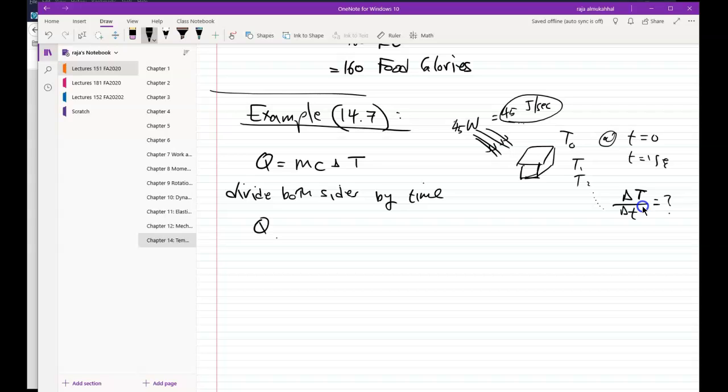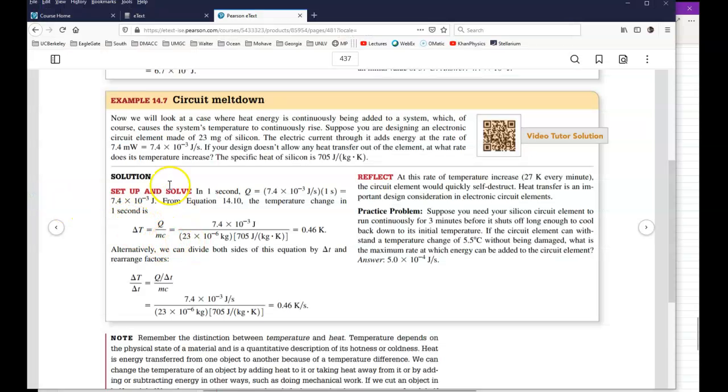So I have Q over delta t equals mc delta T over delta t. So what is Q over delta t? Unit-wise, it's joule per second, and that's exactly what he gave me. He said the electric current through it adds energy at a rate. Look at the word rate here. Rate means something per time.